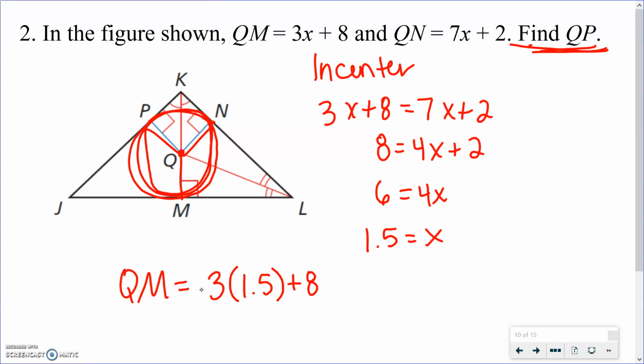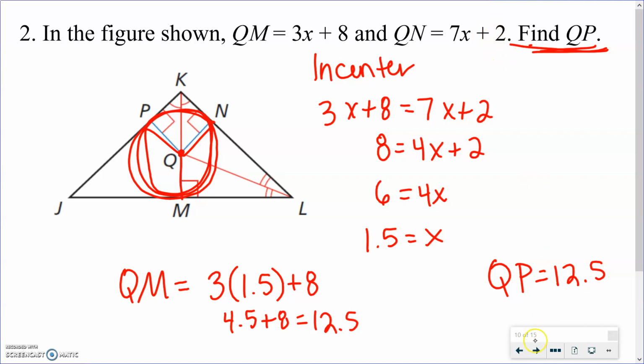Okay, and so 3 times 1.5 is 4.5. Plus 8 is 12.5. Okay, so I know that QP is 12.5. I could also plug it in for QN and do 7 times 1.5 plus 2, and I should also get 12.5. And you can check that if you would like.